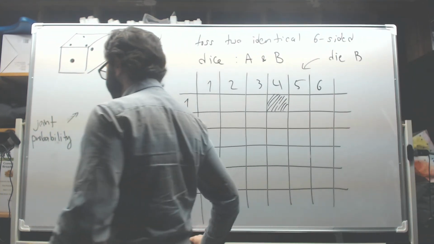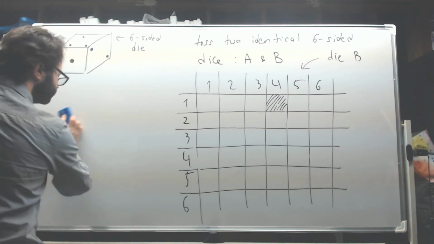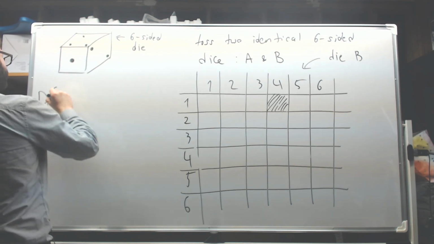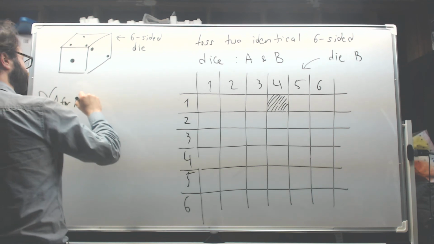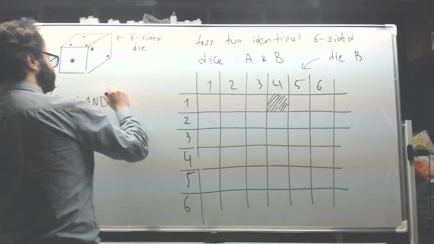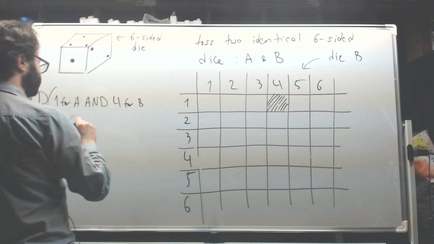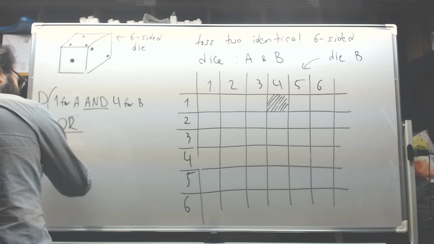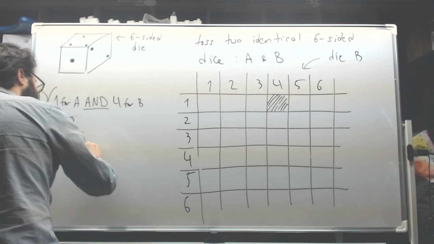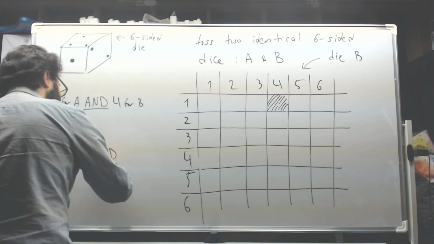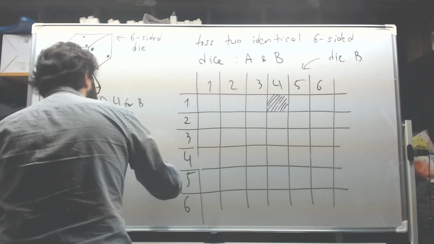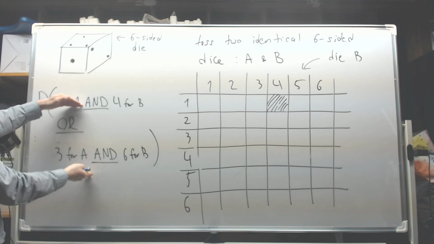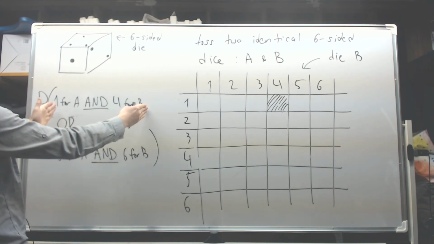So if we ask for the probability that we obtain 1 for A and 4 for B, or 3 for A and 6 for B. So first, both of our inferences that are squeezed between this or are themselves composite inferences.